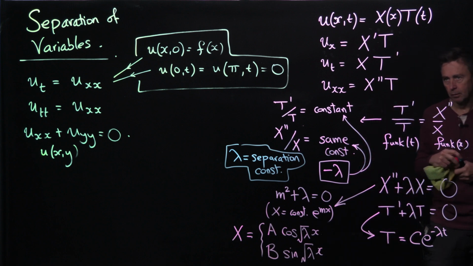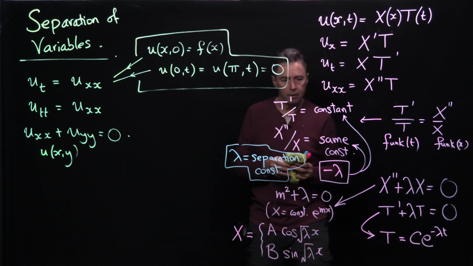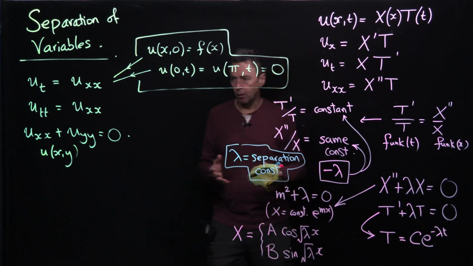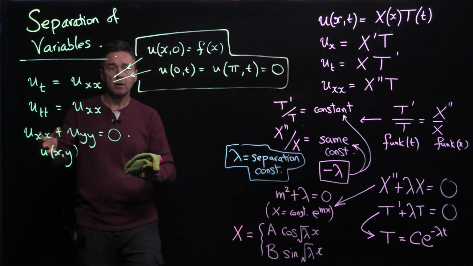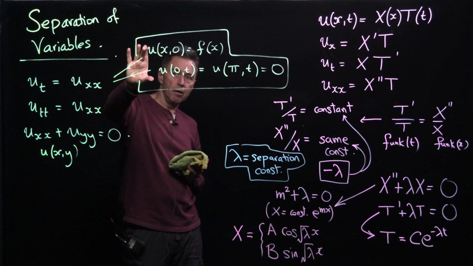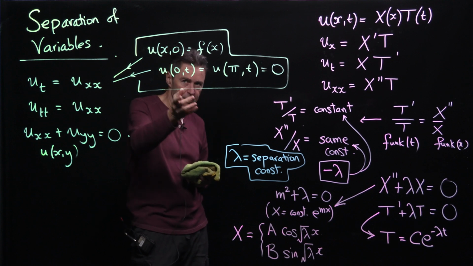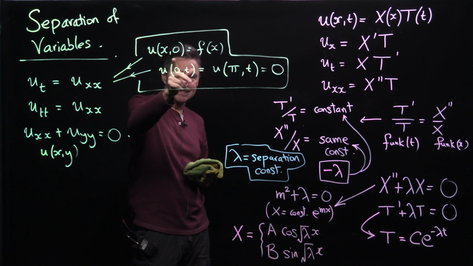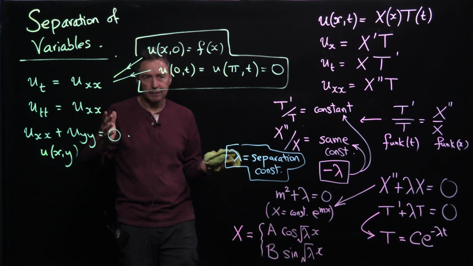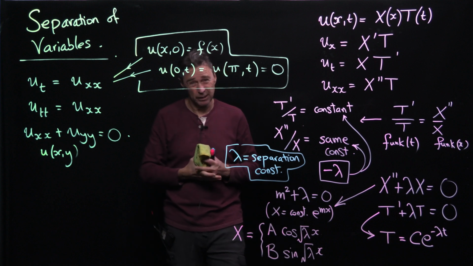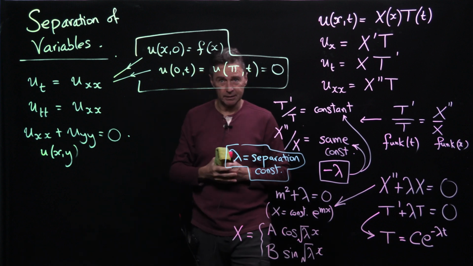Okay. Right, at this point, we are now ready to move on and think about the rest of the problem. The rest of the problem is the combination of the boundary conditions and the initial condition. The initial condition says that there's some distribution of u at t is equal to 0, and I haven't actually said what it is. It's some function f of x.